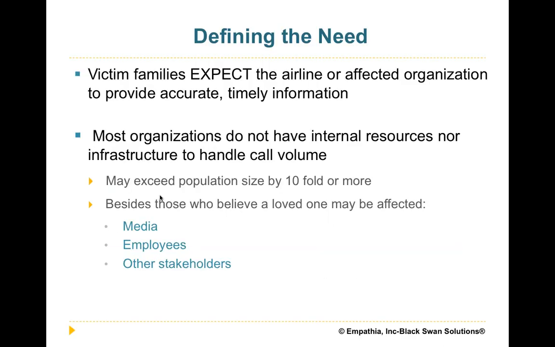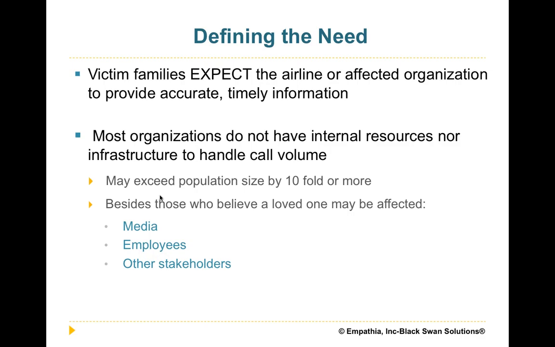So let's talk a bit about the center. We know, as I've said, that the victims and the families are going to expect the organization to provide this accurate, timely information. But of course, most organizations don't have anywhere near these resources or infrastructure to handle that volume. 100,000 phone calls for an aviation accident is not unusual. 100,000. And that's because we're such a mobile society.